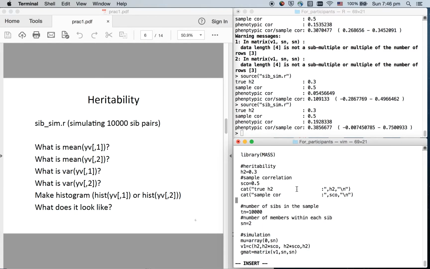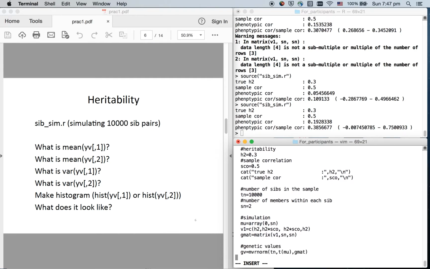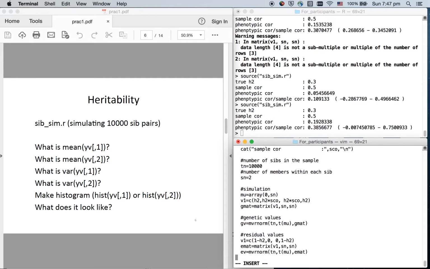This is just to compare your estimation with the true heritability. Now we are making the design. The total number of sibs in the sample is 10,000, and the number of members within each family is 2. So like twins, right? Dizygotic twins.